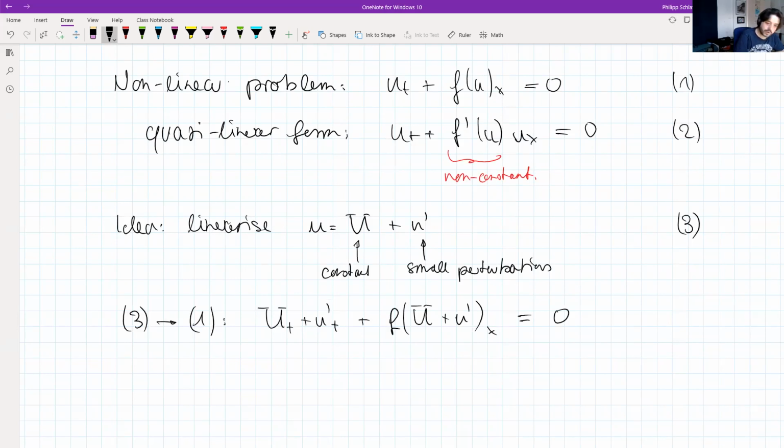And now what I can do is a Taylor expansion of f of U plus u prime, derived with respect to x. So I do everything at once.